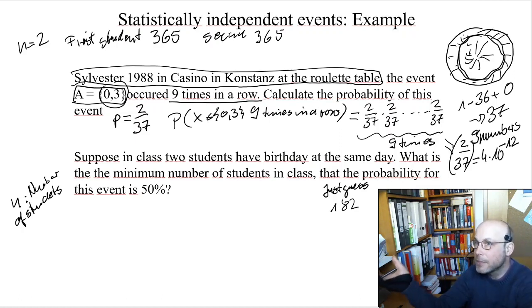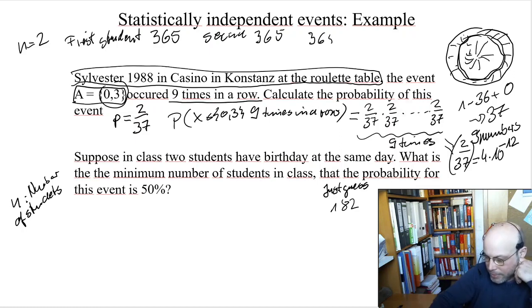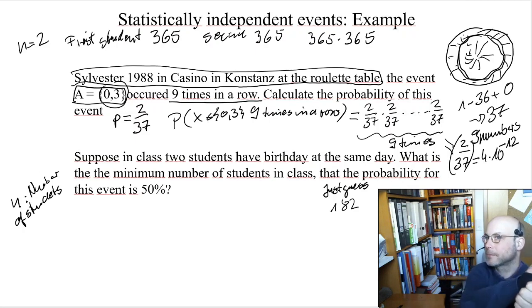And then the possible events are just 365 times 365 if we have 2 students, because the first one has his birthday on January 1st, then we go through it 1 times 365.